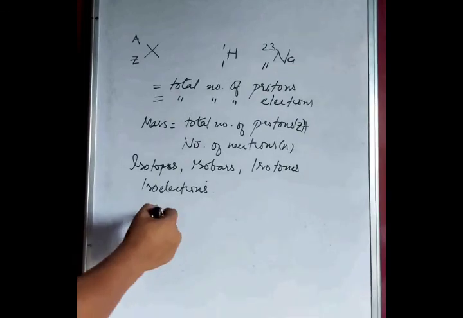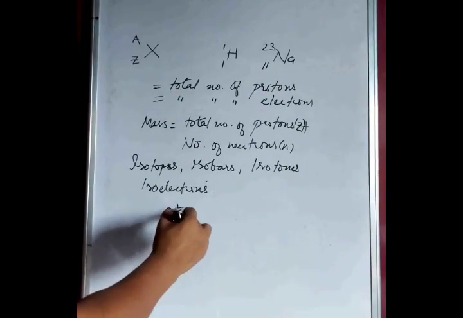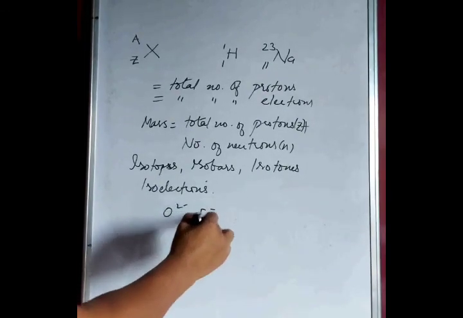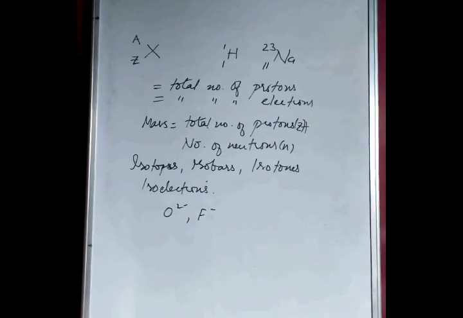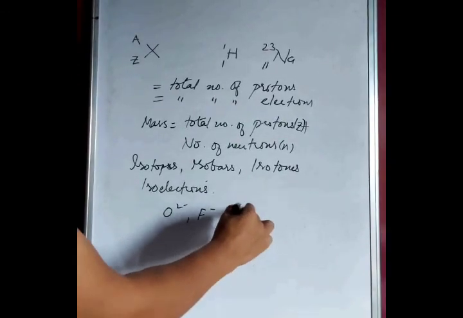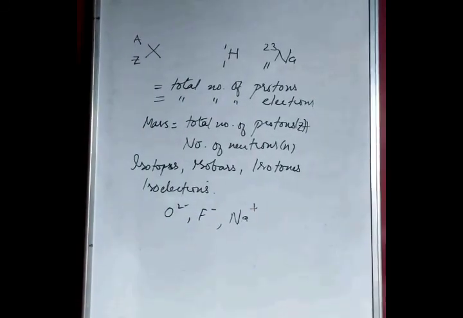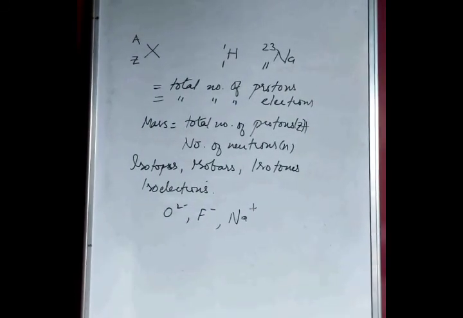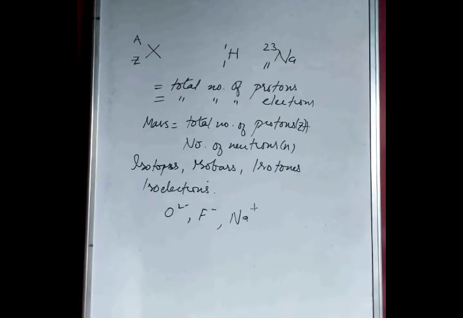Suppose oxygen and fluorine have the same number of electrons as sodium, and so on. These are some examples of isoelectronic atoms.